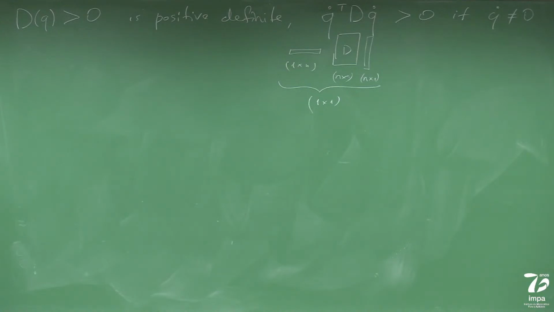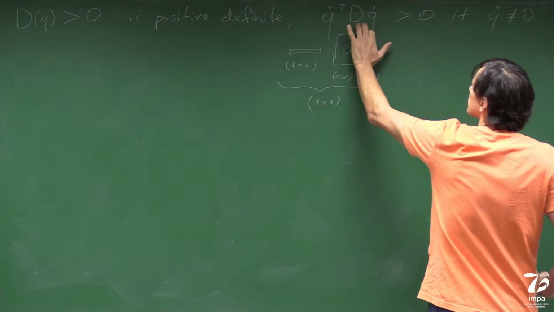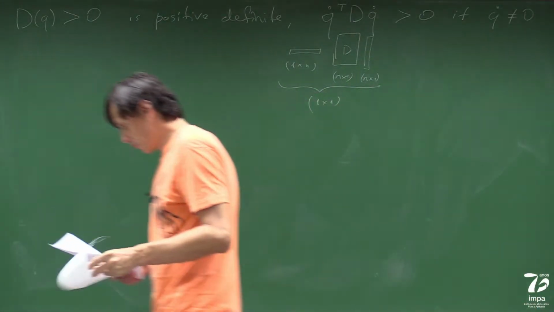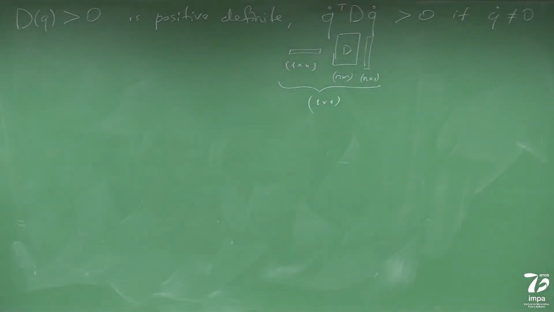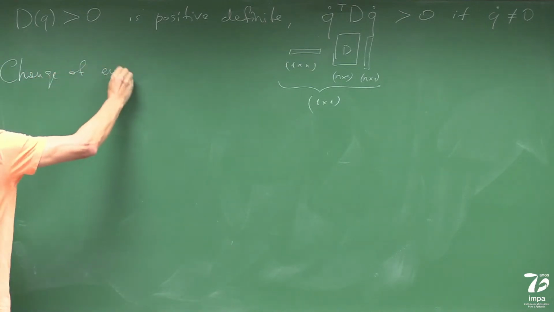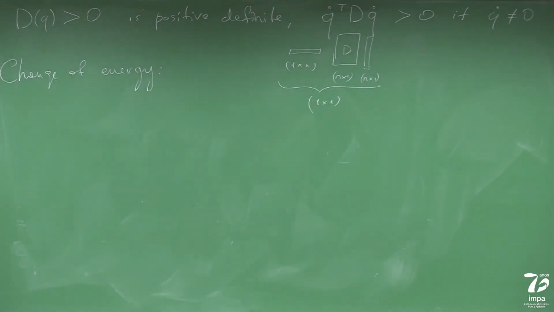So it tells you that there is always... we will see right now what this means. So let's see what it means. If you want to understand what it means, let us consider the change of energy. So we define the energy of the system in the usual way.